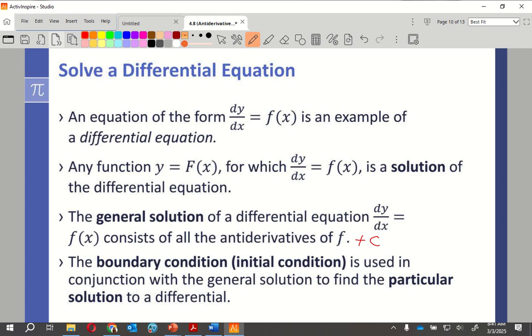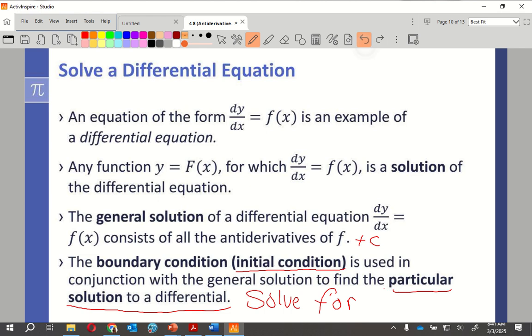The boundary condition, initial condition, this is going to be your key word for all these problems. An initial condition is used in conjunction with the general solution to find the particular solution. So a particular solution says solve for C. That's what all that means.